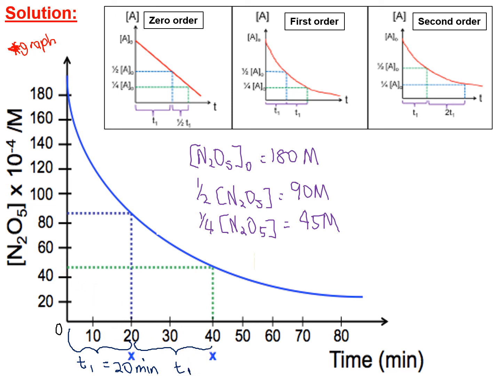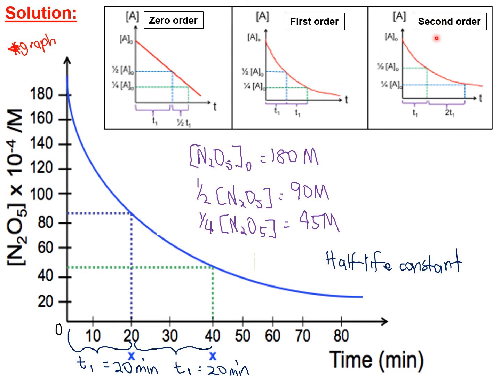Tapi 40 kena tolak dengan 20. Okay, so bila 40 tolak dengan 20 dapat berapa? 20 minutes still. So, apa yang you boleh deduce kat sini? Dia punya half-life, dia constant from this graph. Sebab ni 20 minit, 20 minit. So, we can deduce that this is actually a first order reaction.